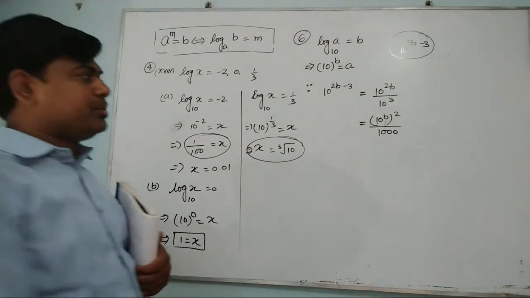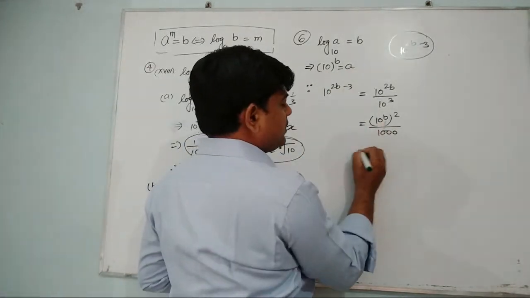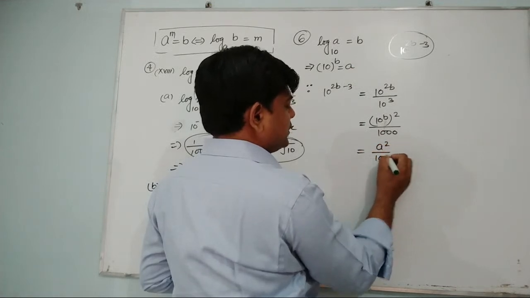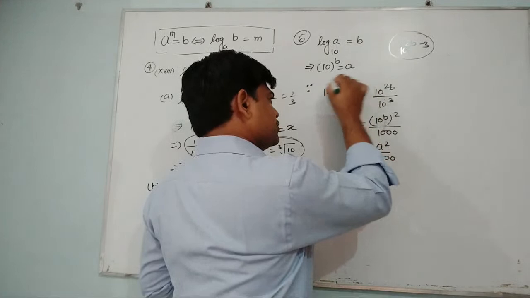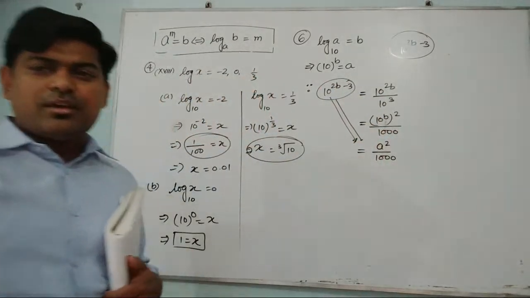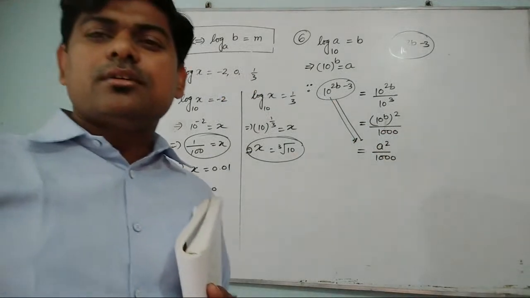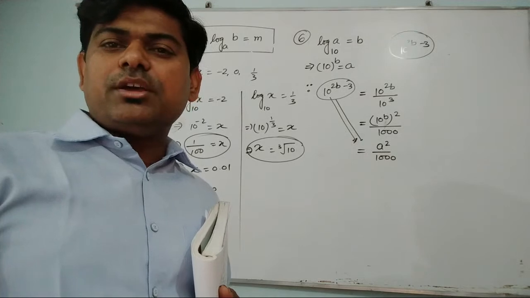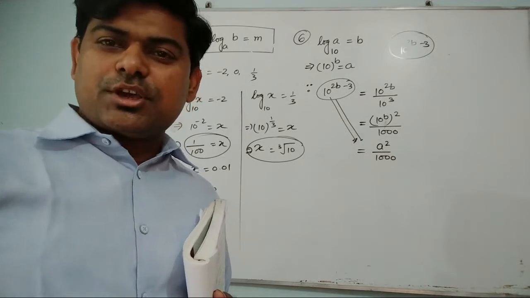And 10 to the power b we have taken as A. So what we get is A squared upon 1000. See, this one has been expressed in the form of A. It is A squared by 1000. Okay.